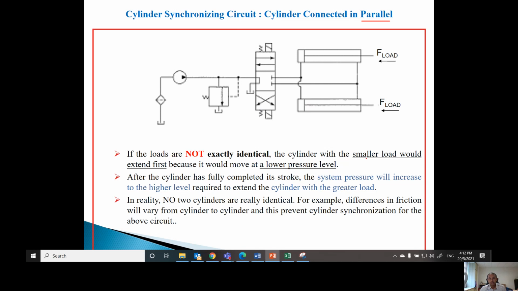When a cylinder has a smaller load, it only needs a lower pressure, so this one will extend first. After this cylinder has fully completed its stroke, the system pressure will increase. So for example, this is smaller.